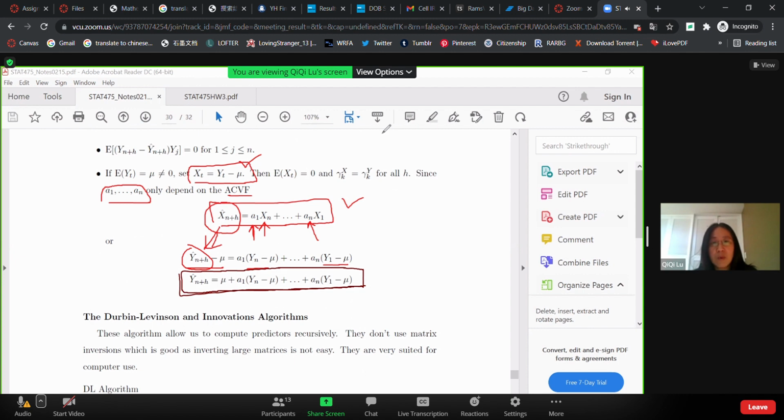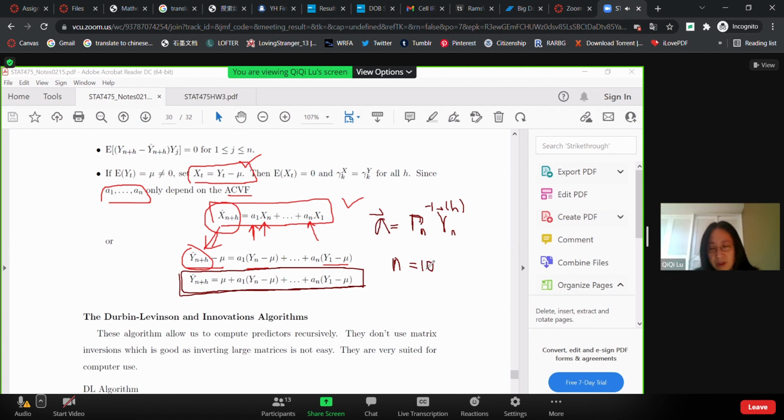Okay, so we have two prediction methods or two forecast methods: the linear predictor and the conditional expectation predictor. For the linear predictor, this equals, like I said, gamma n inverse times this vector. Think about it: if you have sample size n, say daily data, one year is about 365.